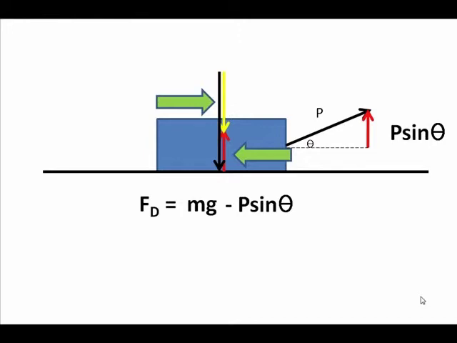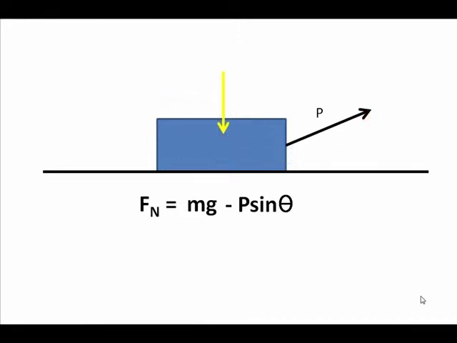That is the effective downward force. Well, if that's the effective downward force, there's now a reaction force. There's the effective down force, and there's the normal reaction force, mg minus P sine theta.